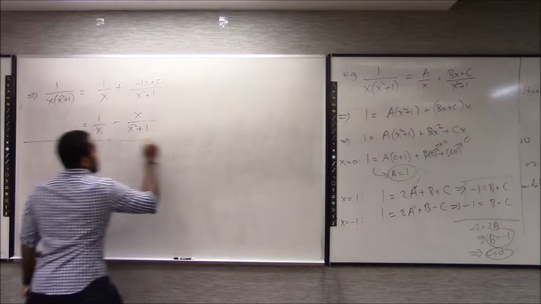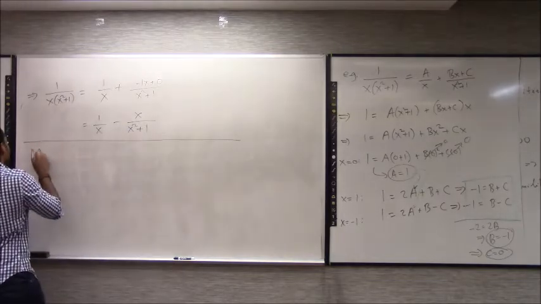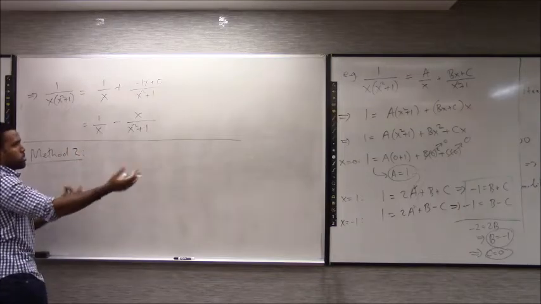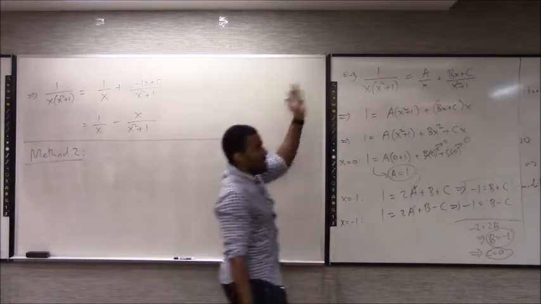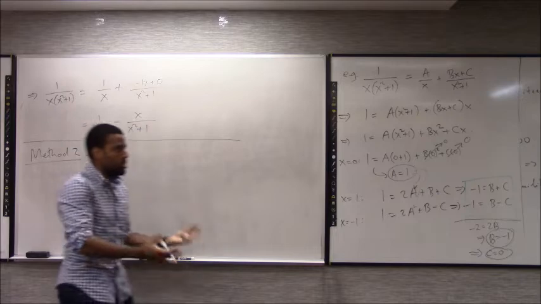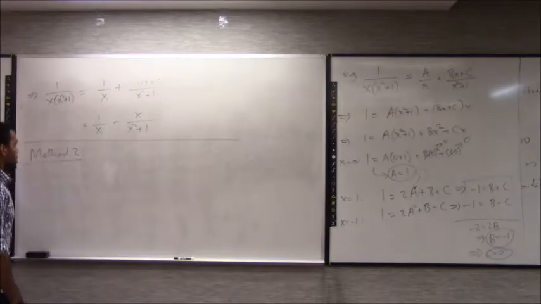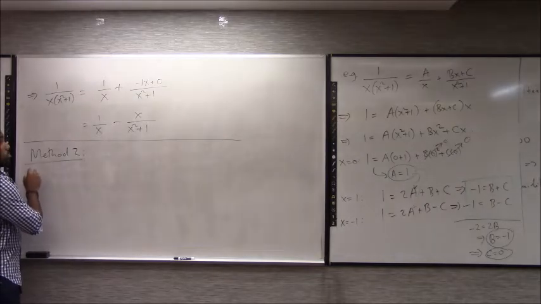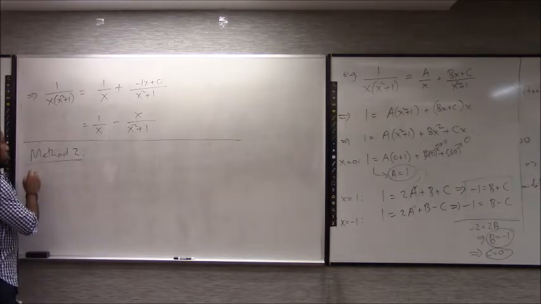Here's another way to go about it. And of course, these methods are just informed by algebra. If you have an equation like this, you can multiply both sides by a non-zero number. It's not going to change anything. So, if we look at method 2, it starts out the same way.